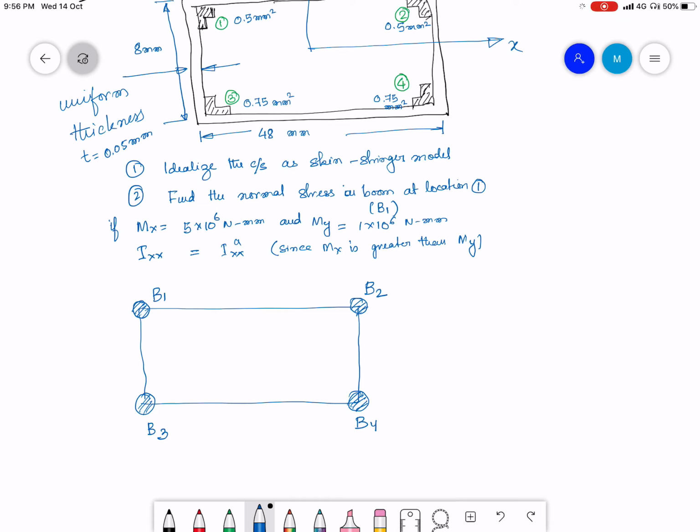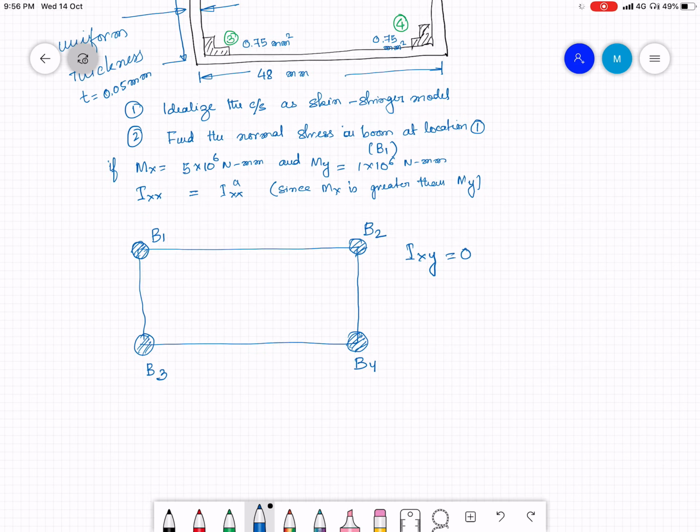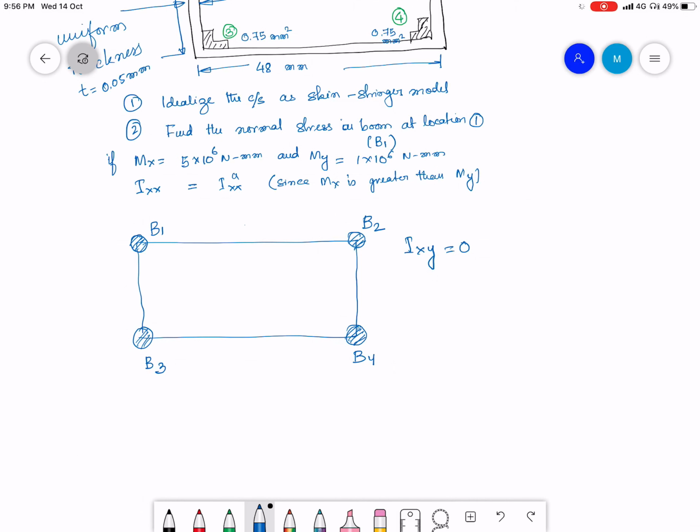This cross section is symmetric about the y-axis but unsymmetric about the x-axis. So because it has at least one axis of symmetry, Ixy is equal to 0. And let me find out the location of the centroid.